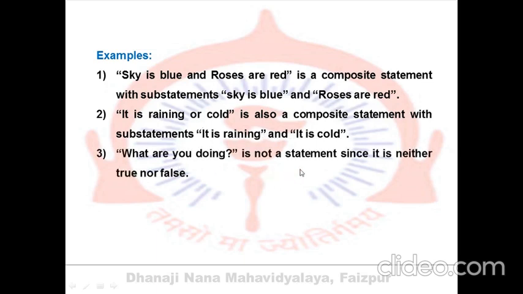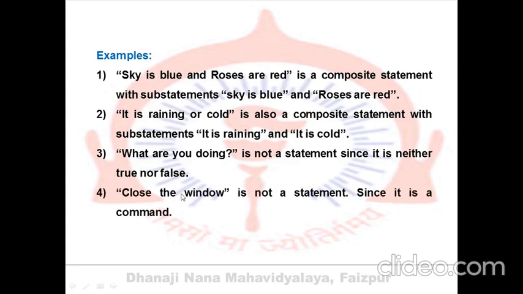What are you doing is not a statement since it is neither true nor false. Close the window is not a statement since it is a command. How cold it is is not a statement, it is an exclamation.